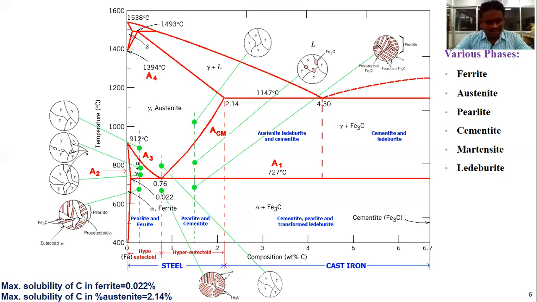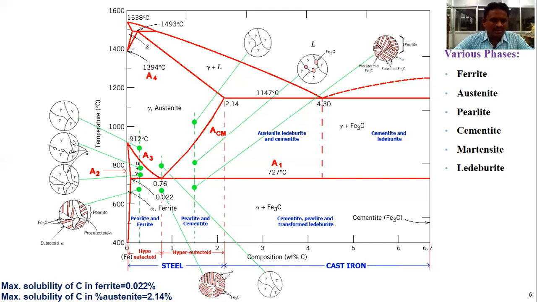Since it consists of a very limited amount of carbon, it is ductile in nature and also magnetic. This alpha iron has a magnetic property at room temperature, and has great formability and the highest toughness.